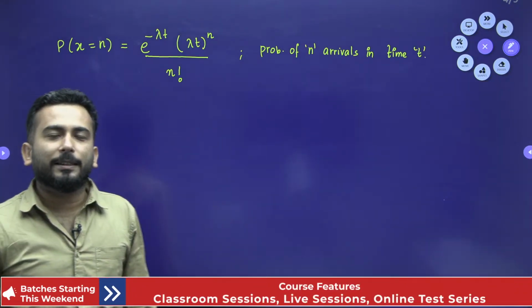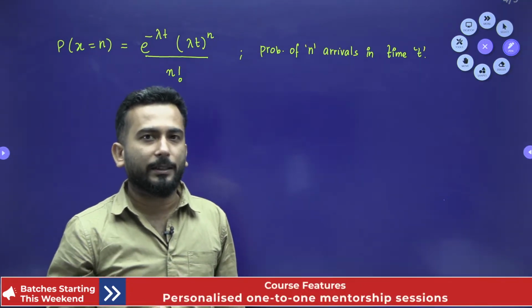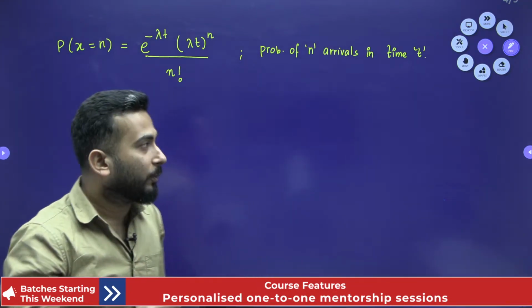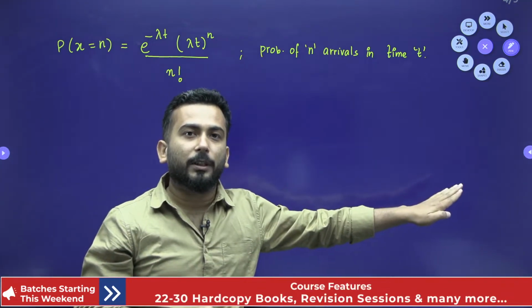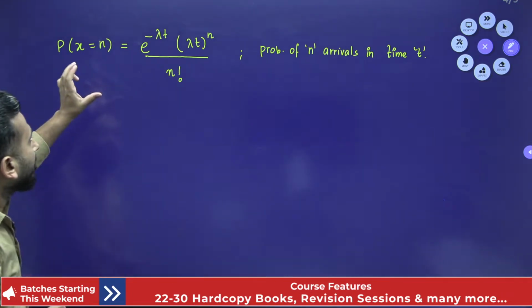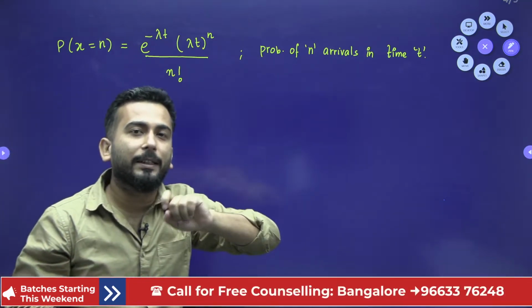Now my dear friends, you will see something beautiful in the next 5 minutes. How? I am going to take you from Poisson distribution to exponential distribution just now. Let's see how. This is giving you the probability of n arrivals in time t.